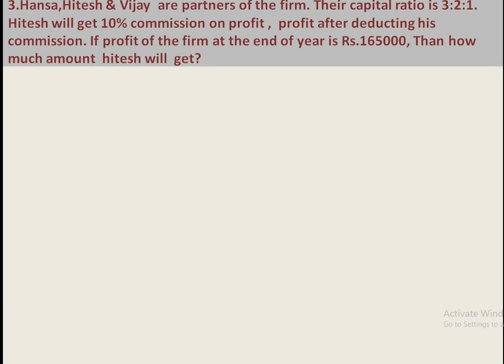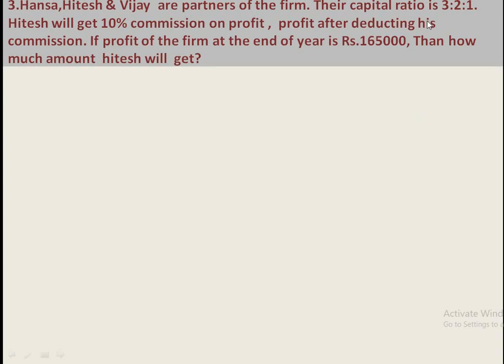And listen to me, at the end of year, divisible profit is distributed among the partners not in their capital ratio. It is distributed among the partners in their profit sharing ratio. And in academy, when profit sharing ratio is not available to you for any partnership firm, then you have to distribute profit of the firm equally among the partners.